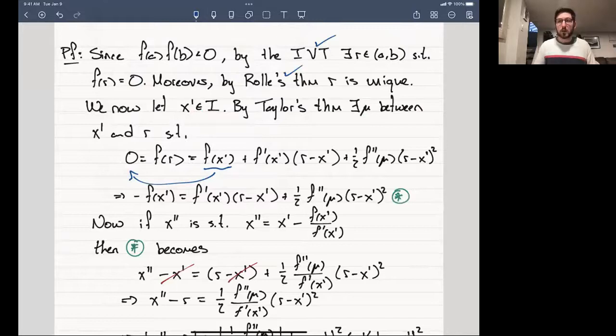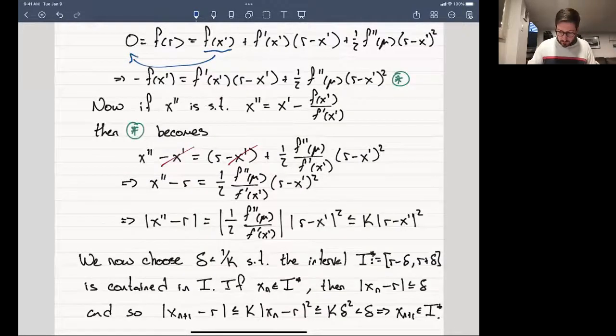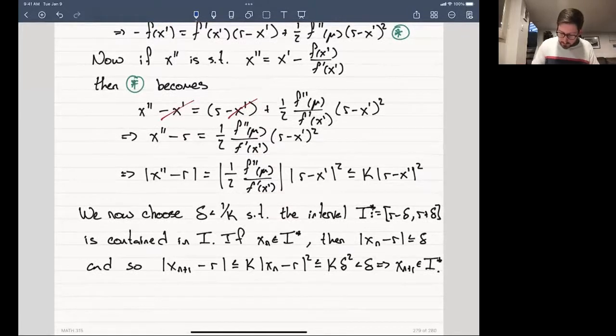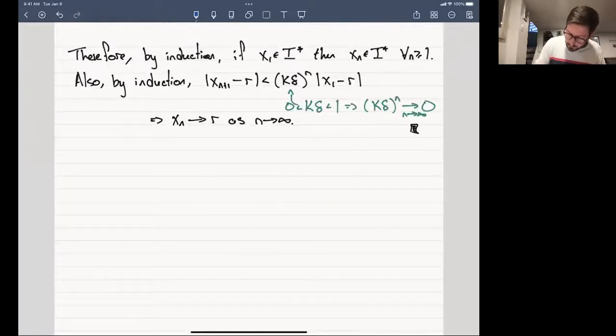Rolle's theorem, we covered that. Taylor's theorem, we covered that. The interior of an interval, great. These geometric series, great, we covered that. So think about how much work over the course of the semester has been used for this one theorem.